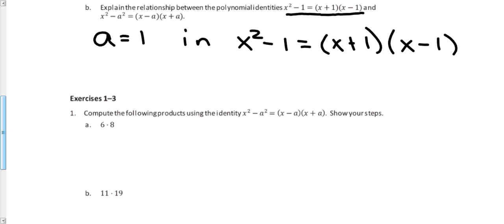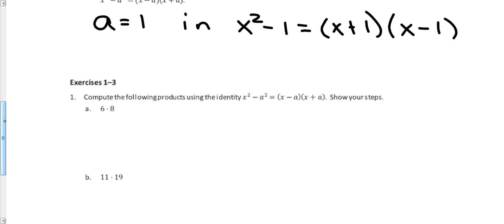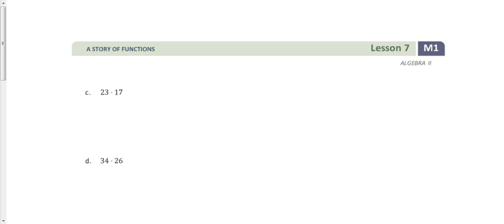I want to go over exercise 1A together so that you guys know what to do in letters B, and is there a C over here? C and D. Okay?